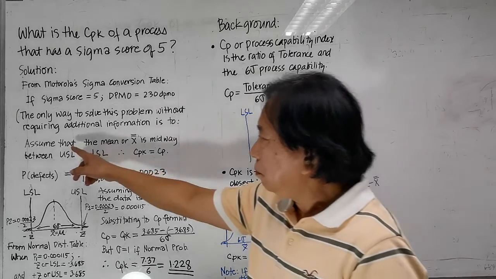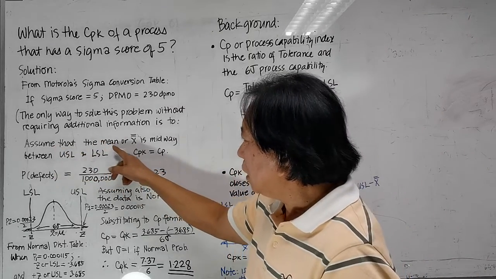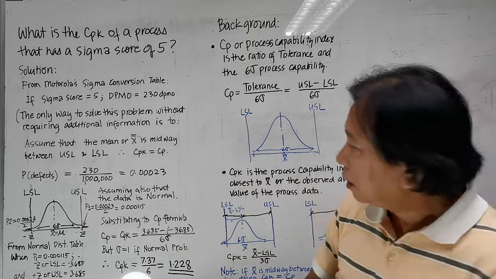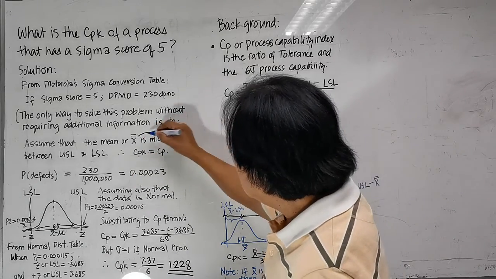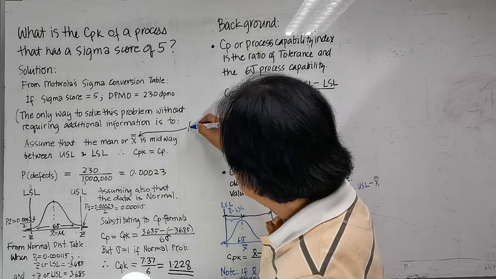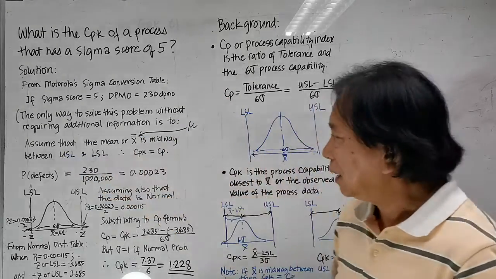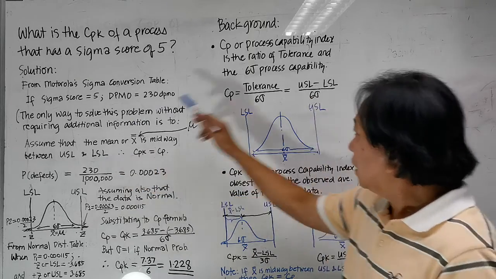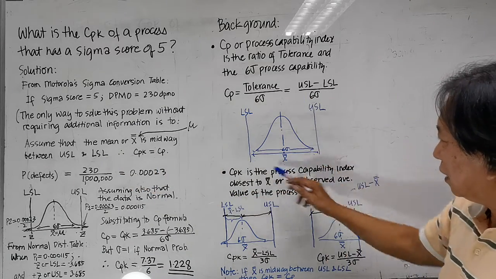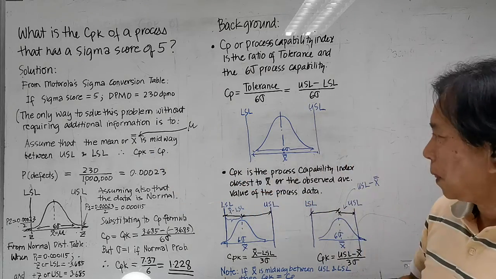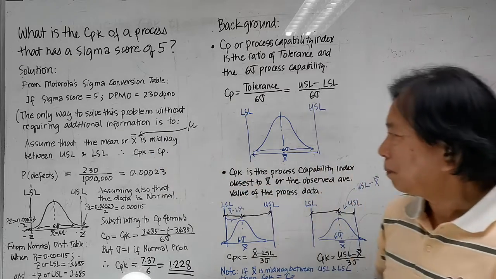So let us assume that the mean or the X double bar, okay, this is our mean, population mean, mu, is midway between USL and LSL. Therefore, following this illustration, CPK is equal to CP, or CP equals CPK.